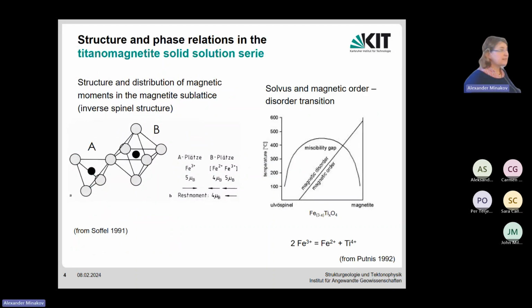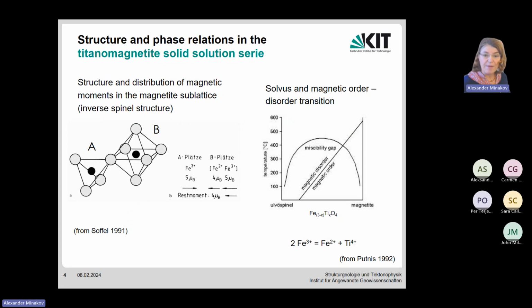So first, let's start with the structure and phase relations in the titanomagnetite solid solution series. It's very basic what we can see here. It's the structure of magnetite. So the titanomagnetites are actually inverse spinel with tetrahedral A and octahedral B sites, where your iron 3+ and iron 2+ are situated.